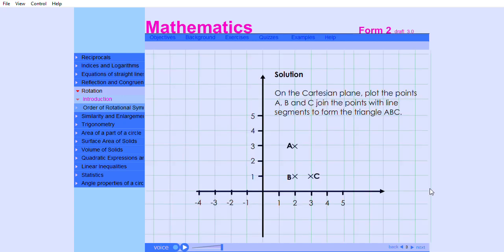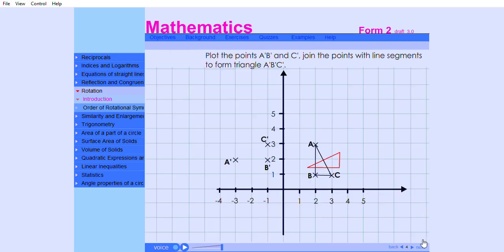Solution. On the Cartesian plane, plot the points A, B, and C. Join the points with line segments to form the triangle. Plot the points A1, B1, and C1.